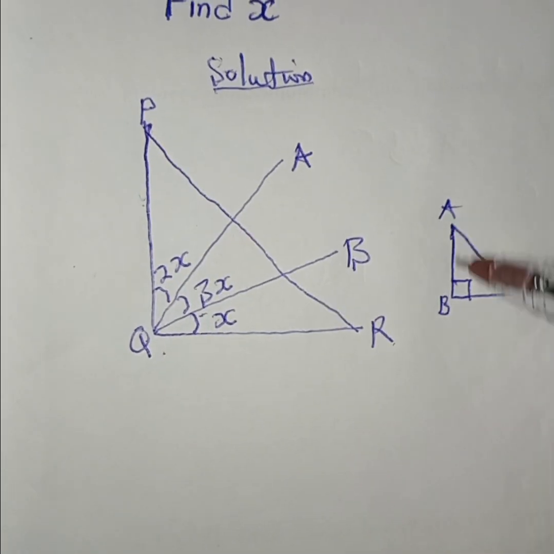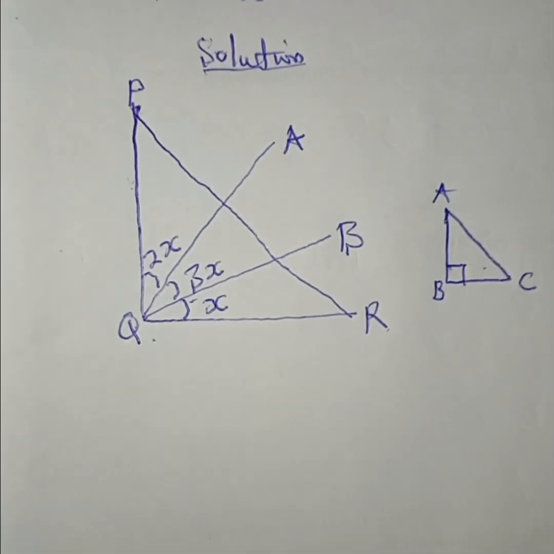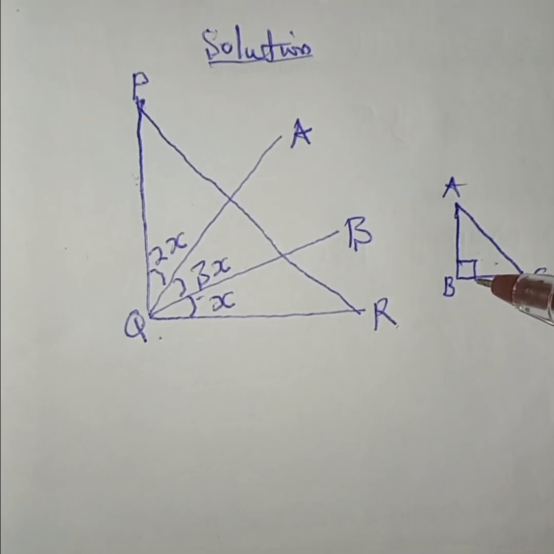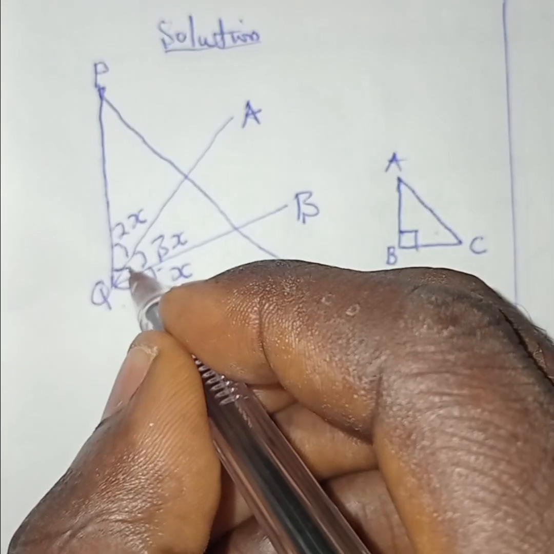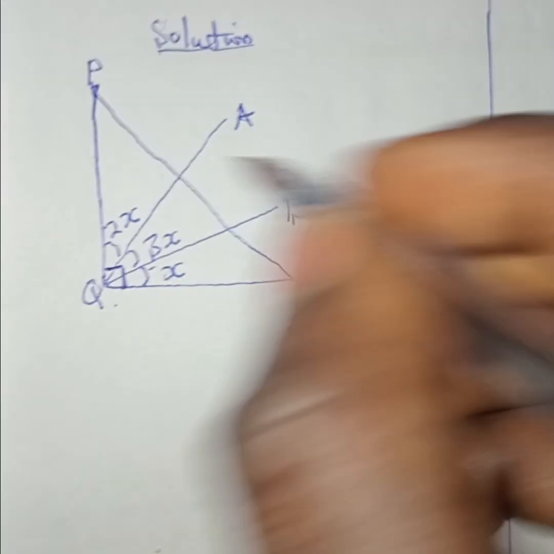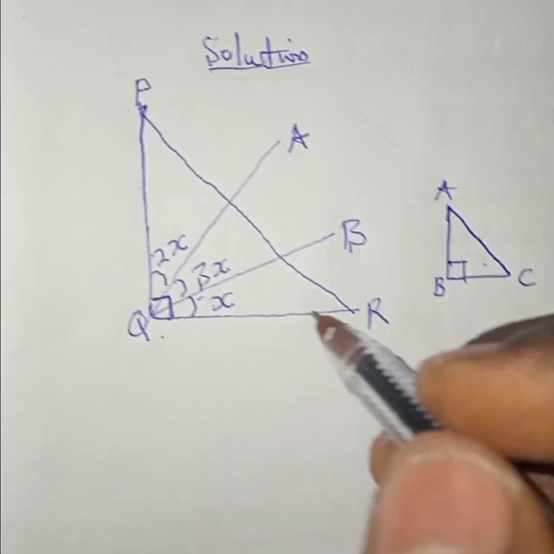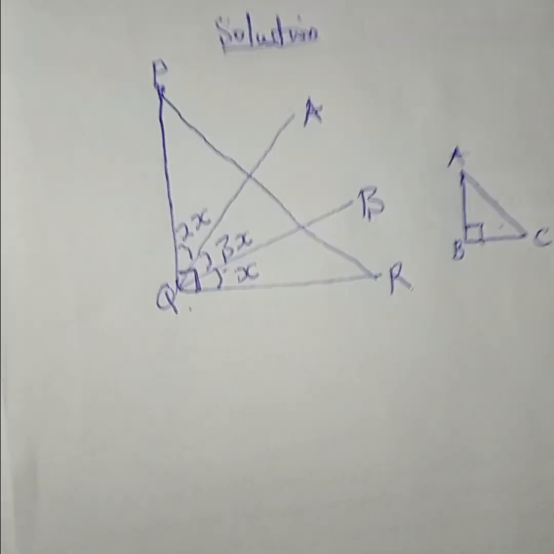And A is perpendicular to BC. So it means that the angle here is what? 90 degrees. So it is also equivalent to this particular one. So here is 90 degrees. So it means that everything inside this place is equal to what? 90 degrees. If that is well taken, now let's continue.